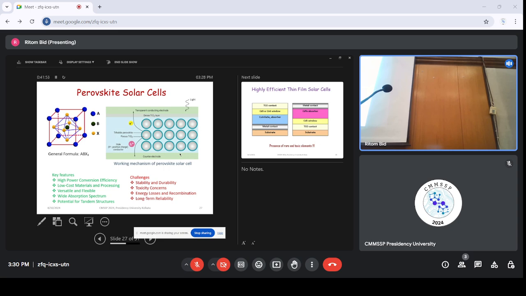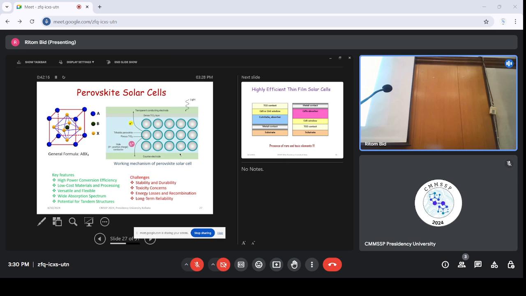Perovskite is definitely the big issue nowadays, and they have very high efficiency, as I mentioned. Perovskite basically has a general formula ABX3, where A is a cation, B is also a cation, and X is a halide. Because of the particular structure and properties of the perovskite, they have very high efficiency.